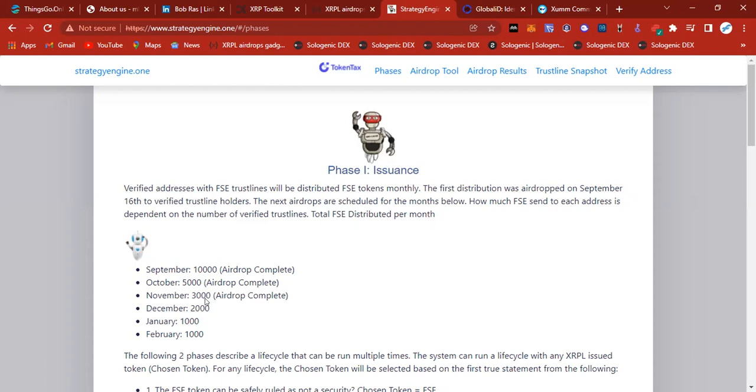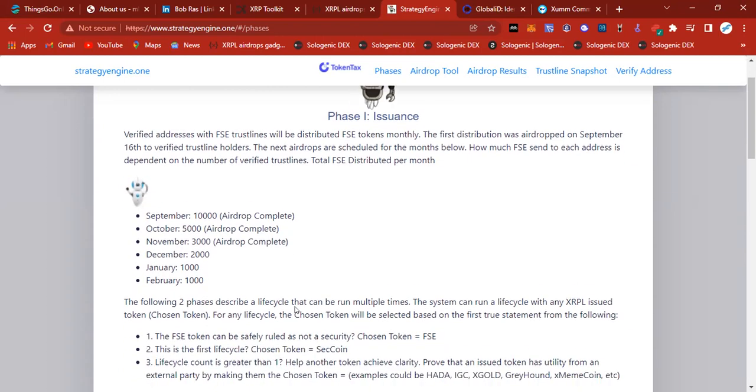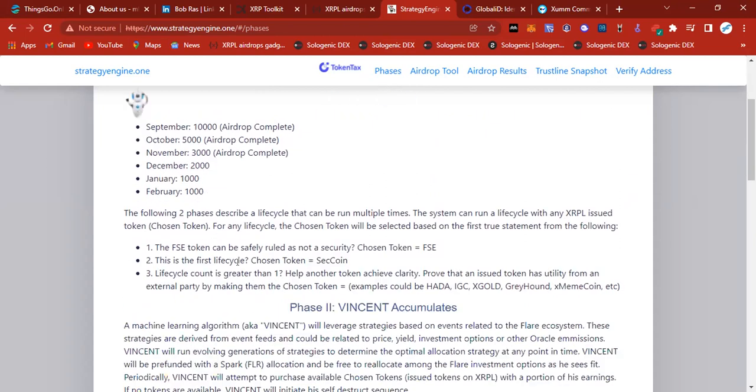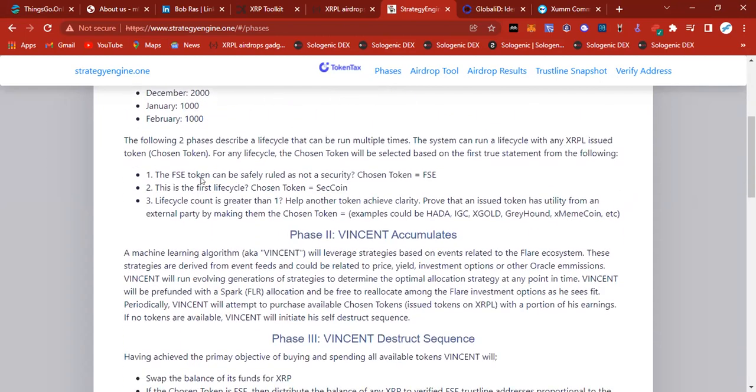So I'm not complaining about the number of tokens being airdropped, because they're still being airdropped and that is free. So you see, there are a couple of phases that describe the life cycle that can be run multiple times.